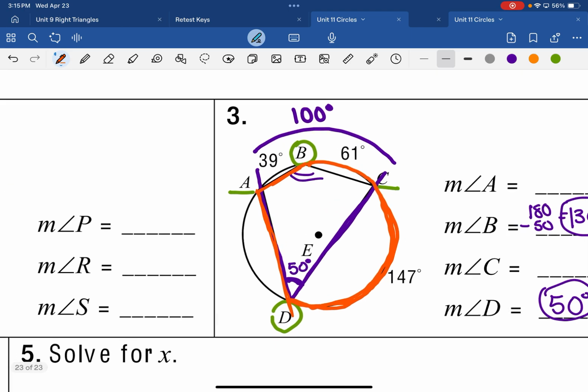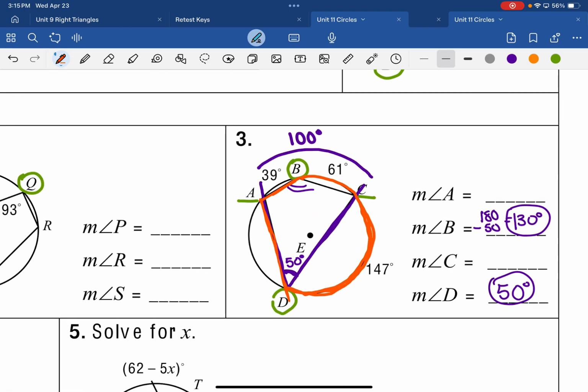Well, we did find B. But now I can't use either one of these to find A or C, because these don't have a relationship with A or C. You just do ACD, have 147, and then divide that by 2? Well, but we have to include the 61. It's just B to here.